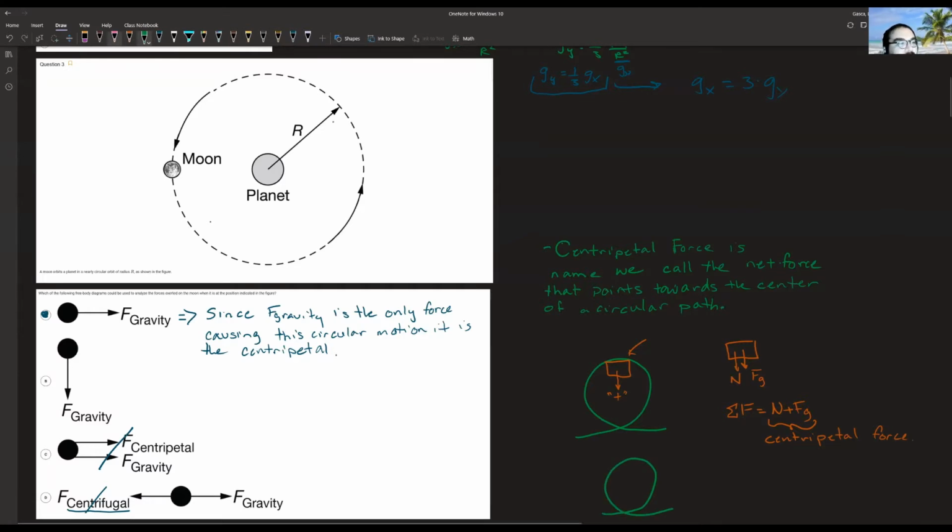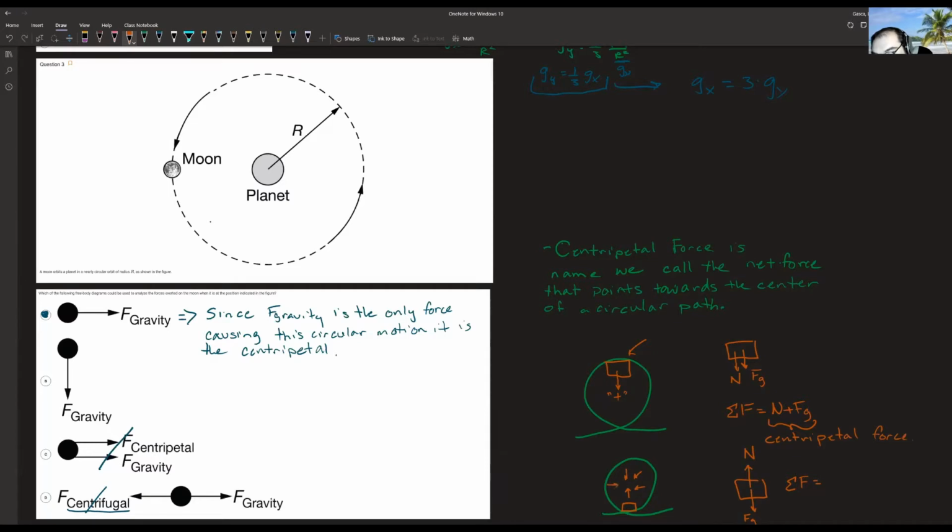So let's say my cart here is on the bottom of the loop. If I draw my free body diagram, the normal force is pointing to the top because the surface is holding us up, and the force due to gravity is pointing down. In this scenario, the net force would be up in this location. So that's the crazy thing about circular problems: the positive direction is continuously changing as you go around the loop.